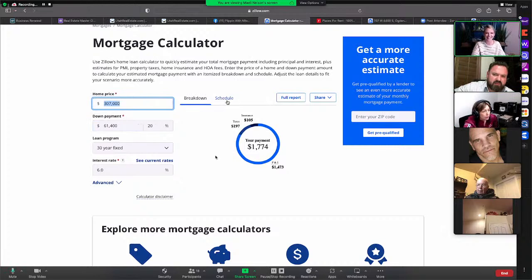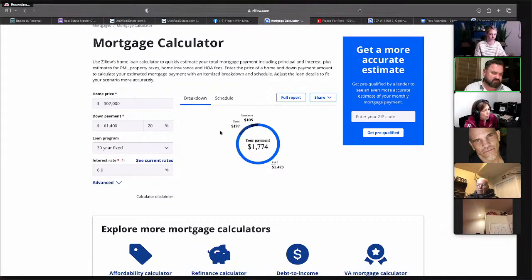So our payment, including that down payment, brings our payment down to $1,774. And now that's going to be our monthly mortgage payment. We have to now figure out what our gross cash flow is by taking what we can rent it for, subtracting our monthly payment, and then subtracting an additional 10% of our monthly payment for management. Okay?